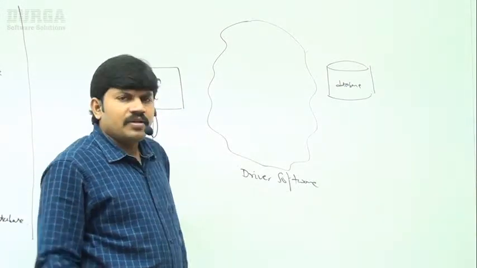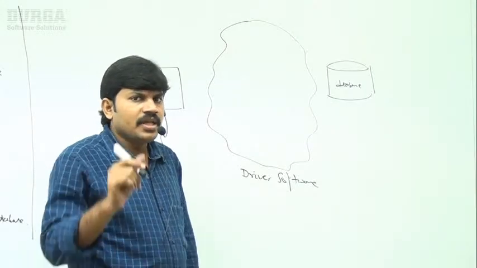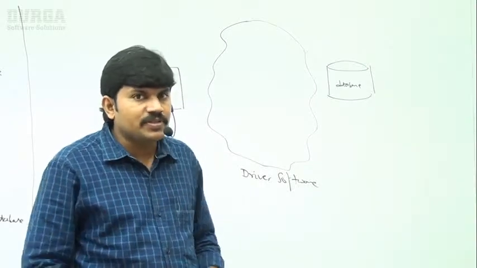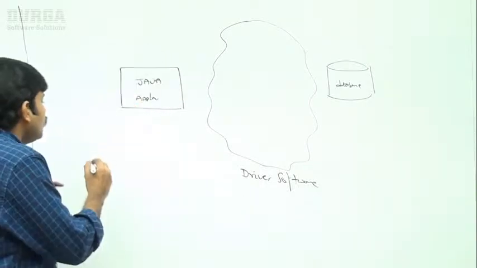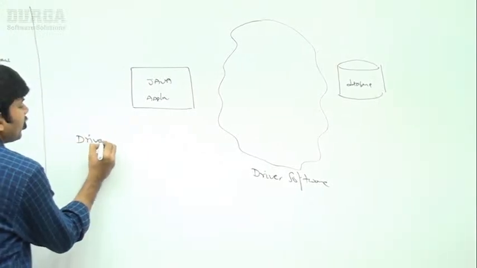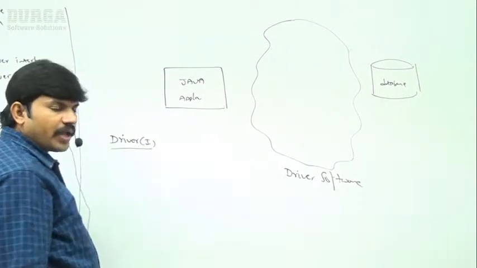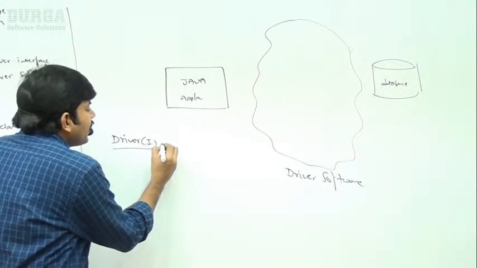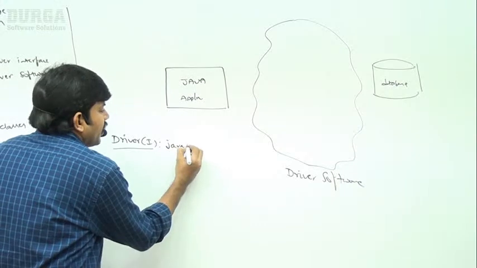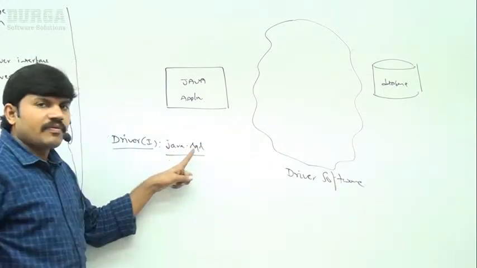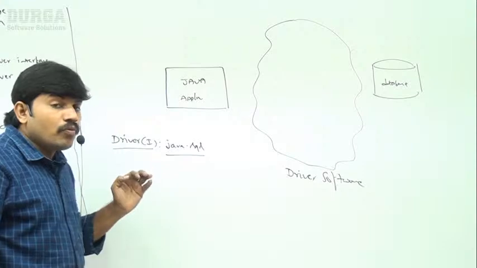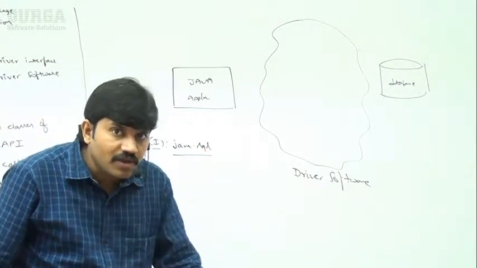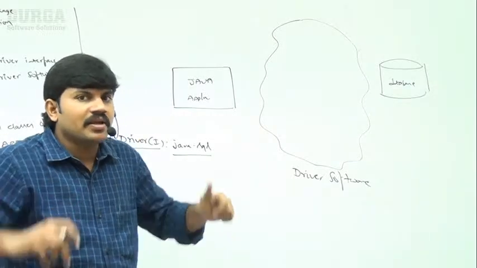In the JDBC API, there is one package, java.sql, and in that package there is one interface, Driver. So first, let me talk about the Driver interface. Driver is an interface present inside the java.sql package. If you want to develop a driver class, this Driver interface contains the requirement specification.